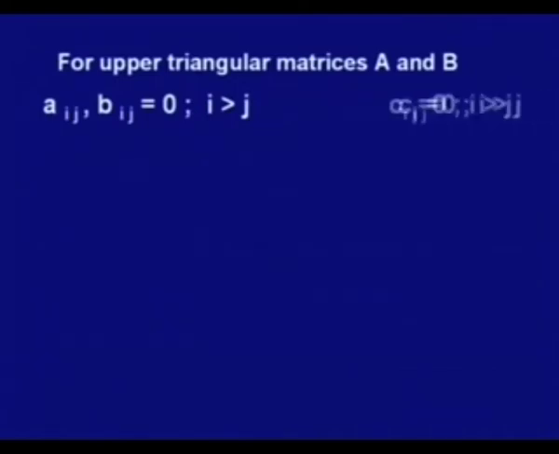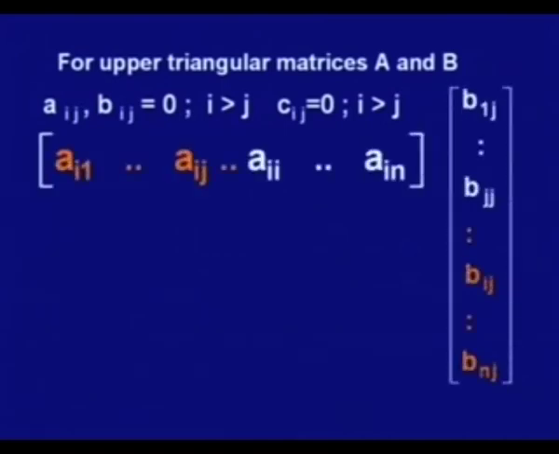For this purpose, I consider a typical element Cij of the matrix. The Cij element is obtained from the product.